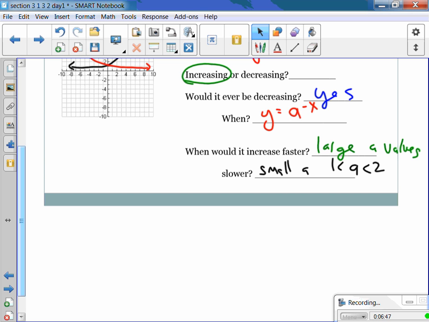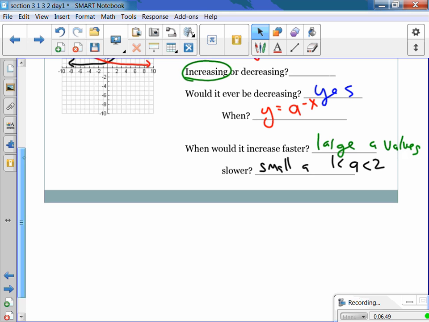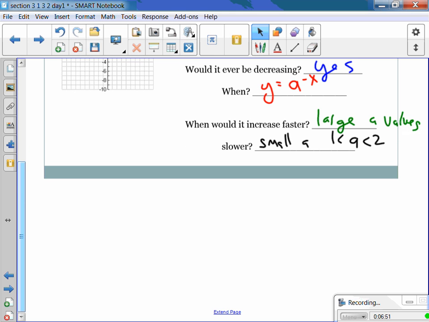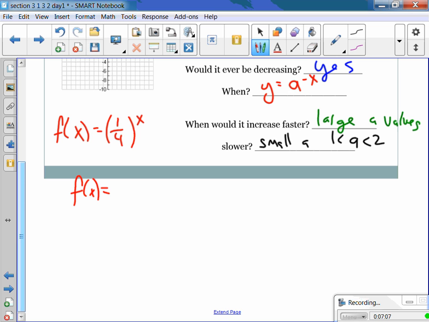When we're talking about exponential, we really don't talk about between 0 and 1, because if I have, say, 1/4, how can I rewrite 1/4? 4 to the negative 1.